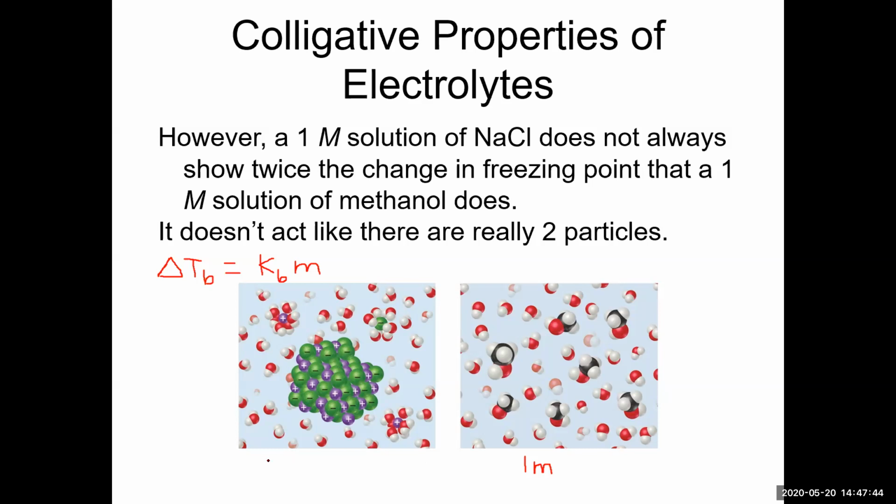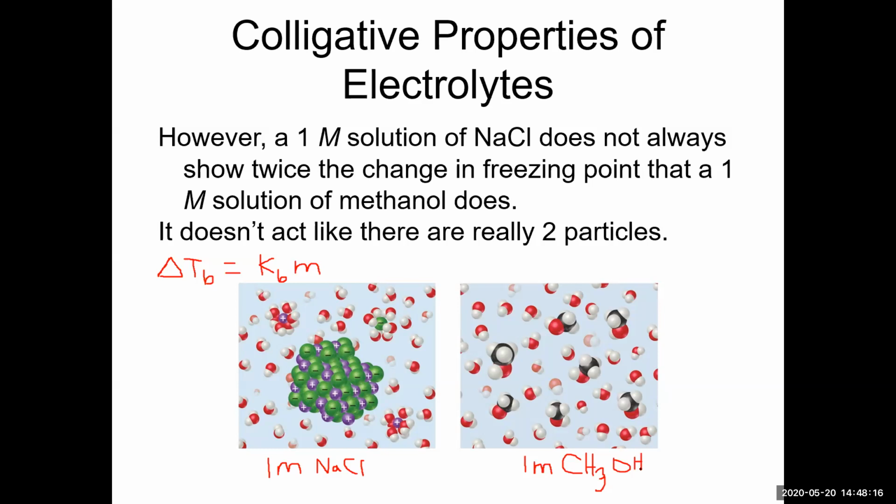Let's say over here we had 1 molal, but it's of sodium chloride. This is of methanol, CH3OH, that's its formula.